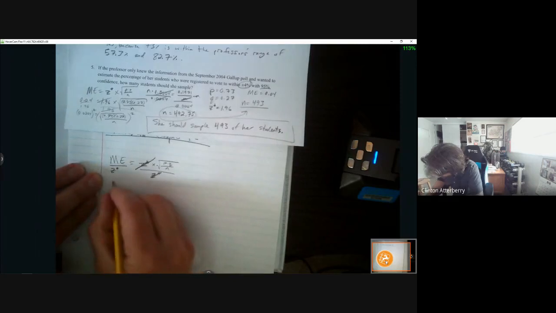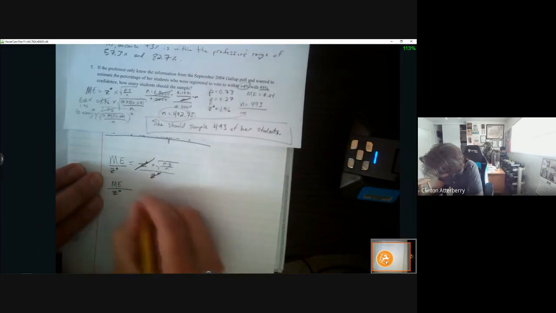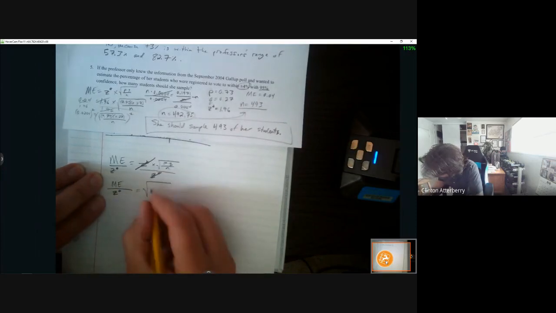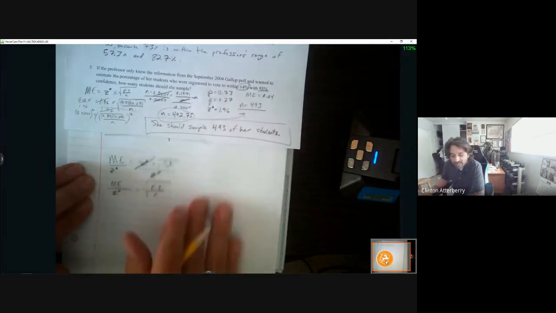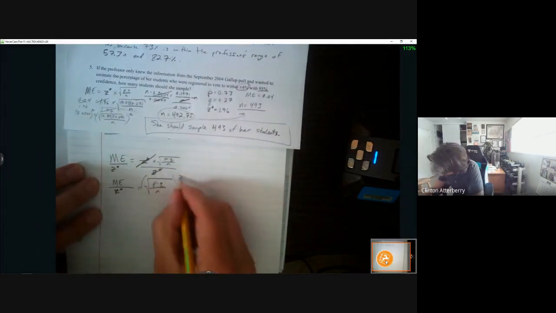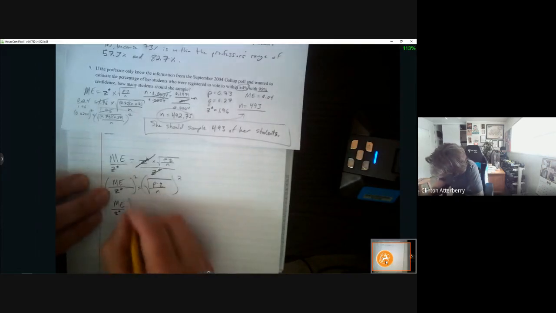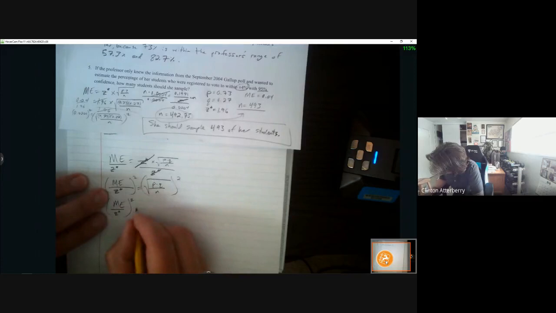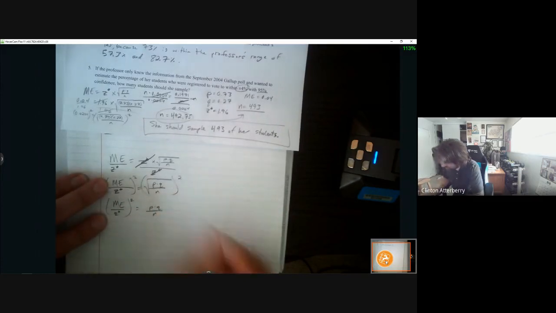So I have my margin of error divided by the z star, and that's going to equal the square root of p times q divided by n. I then squared both sides. My margin of error divided by the z star, all squared, is going to equal p times q divided by n.